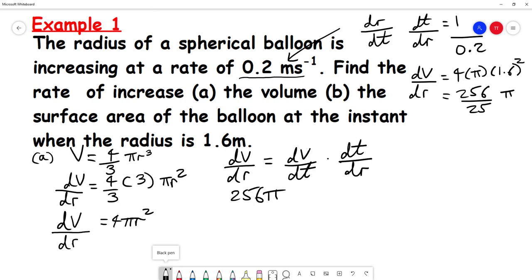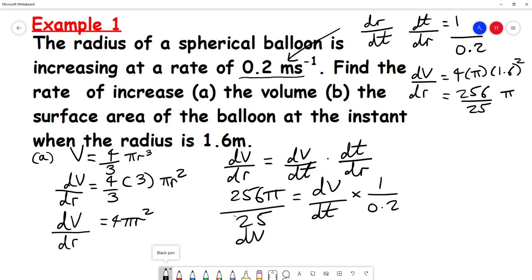Now that means I'm going to substitute these values in here. 256 pi over 25 is going to be dV by dt times dt by dr, which is 1 over 0.2. So dV by dt is 256 pi over 25 divided by 1 over 0.2.